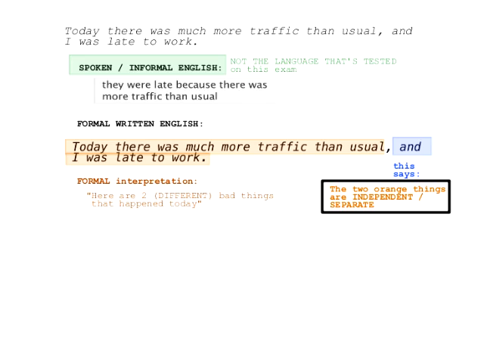Now notice that there are ways you can communicate a relationship if you actually want to.